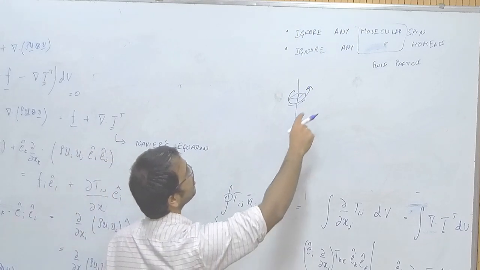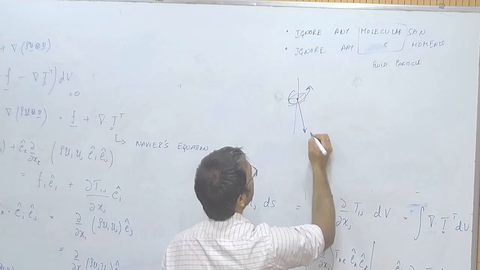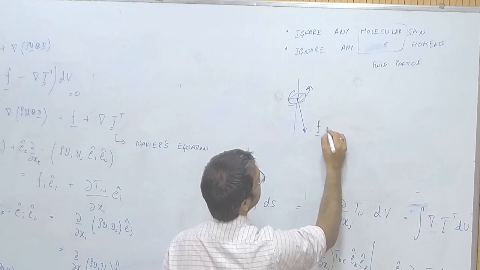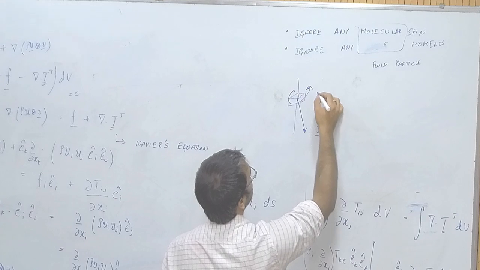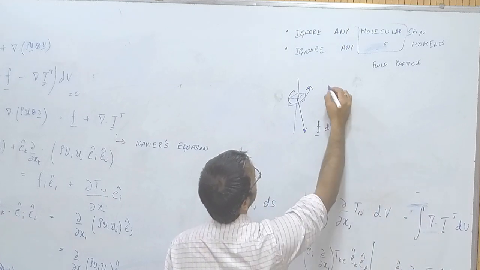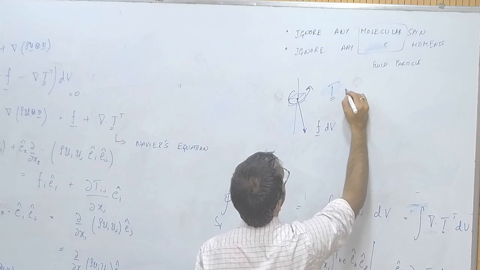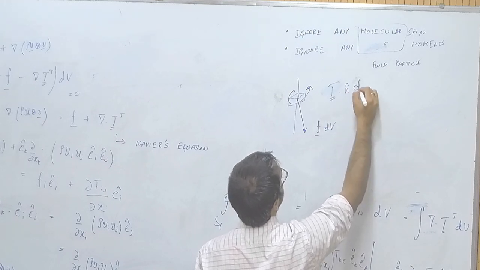All the angular momentum and moment that you are going to generate is going to be due to this. So, the force is F dV. There is some force due to this guy, basically T dot N ds.